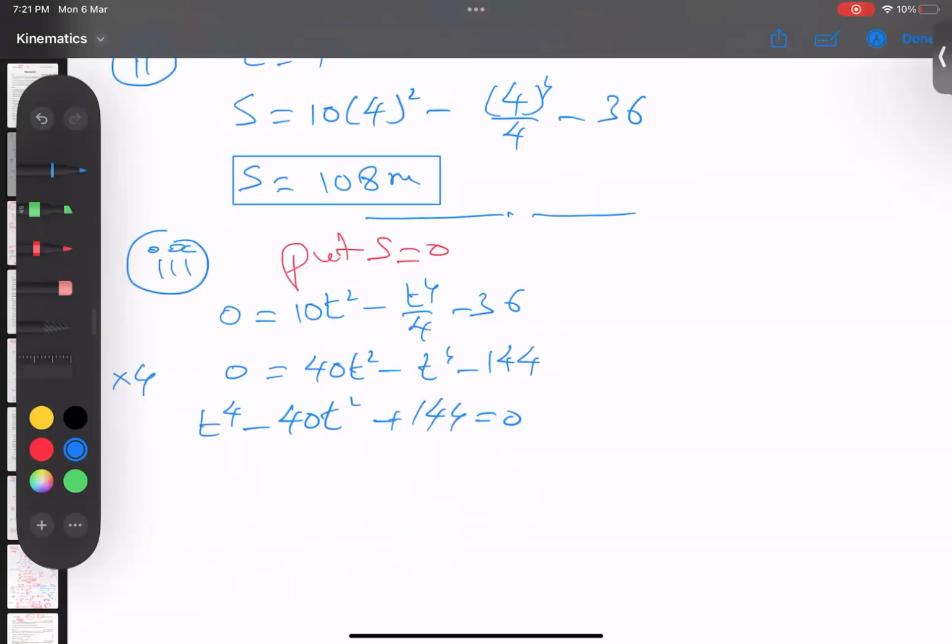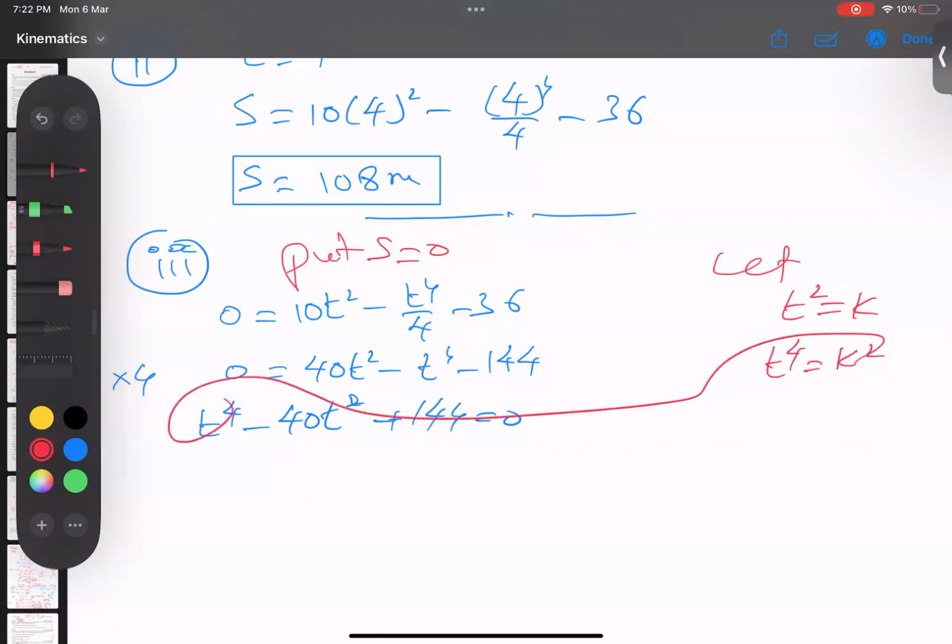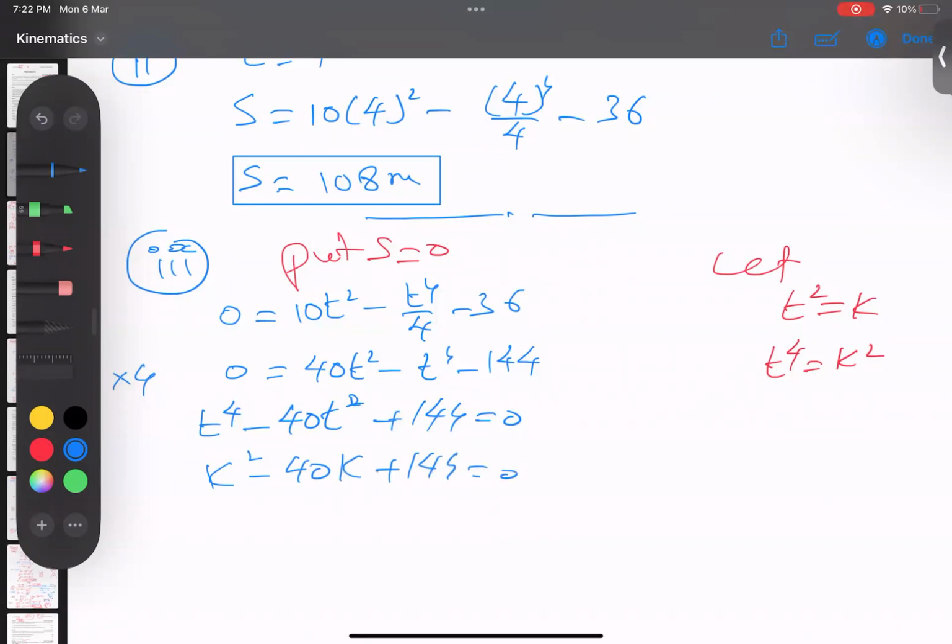Now I have two choices. Either I can factorize, or I'll say let t to the power 2 equal k. Squaring both sides, t to the power 4 equals k to the power 2. So this becomes k squared minus 40k plus 144.